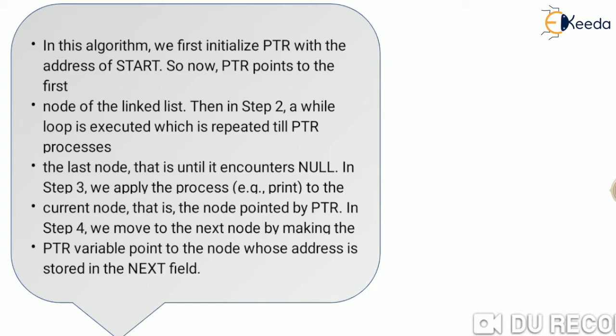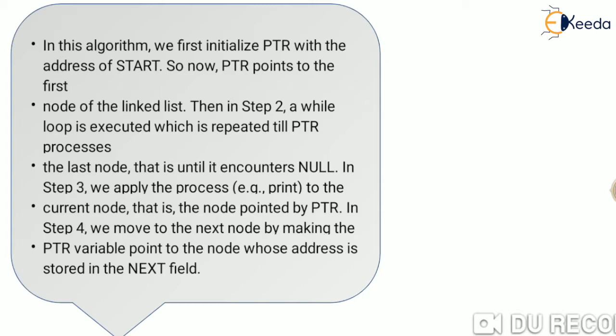So now ptr points to the first node of the linked list. Then in step 2, a while loop is executed, which is repeated till ptr processes the last node, that is, until it encounters null.